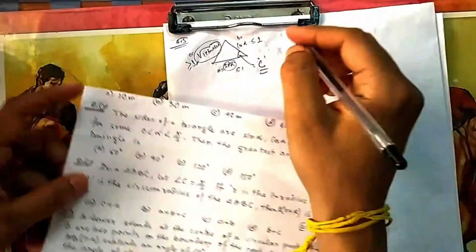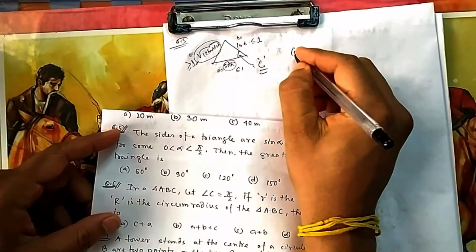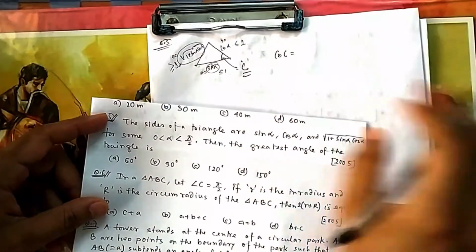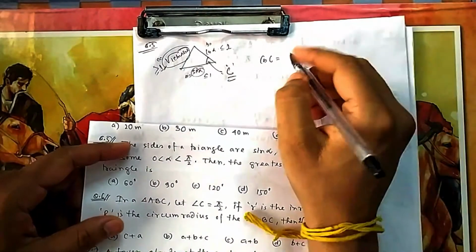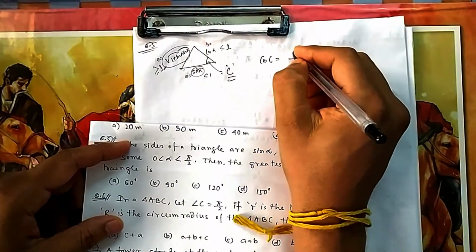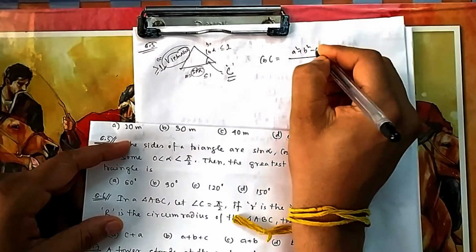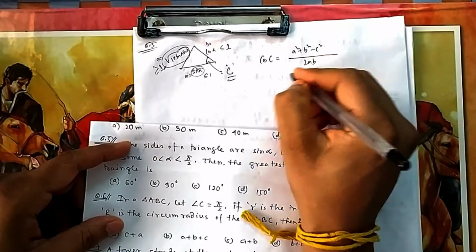Because we need to find the largest angle, let us apply cos C, because we know all the sides. What is the relation between sides and angle? Cos will give me the angle. Cos C is a square plus b square minus c square by 2ab. What is my a?